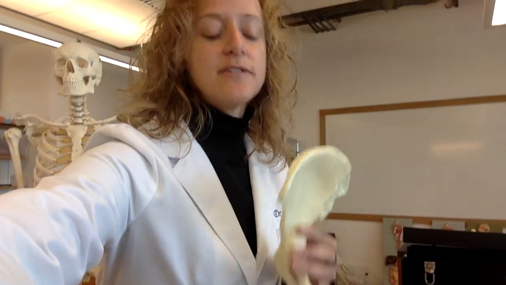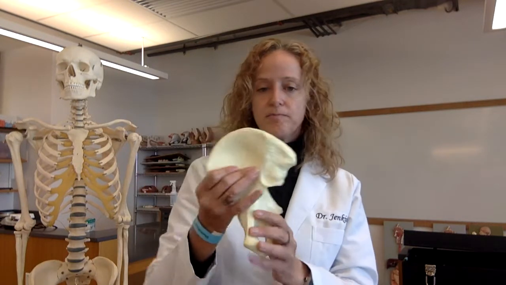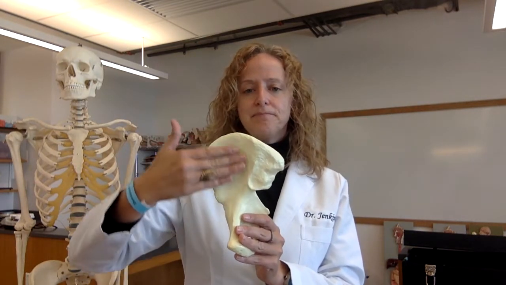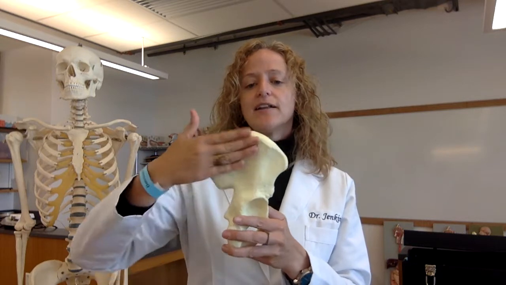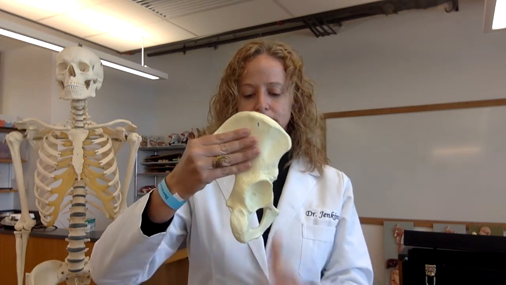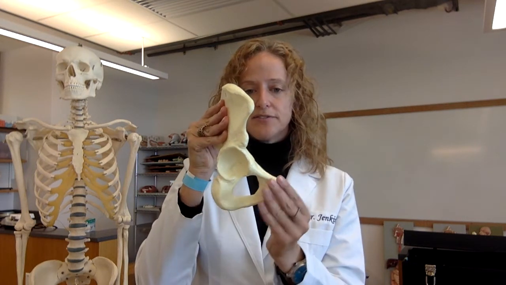I wouldn't ask you if it is a right or a left side. Don't worry about that. To start, there are 3 regions of each coxal bone or pelvic bone. The top is the ilium. To me it looks like an elephant ear. When we get towards the bottom, there are 2 halves.